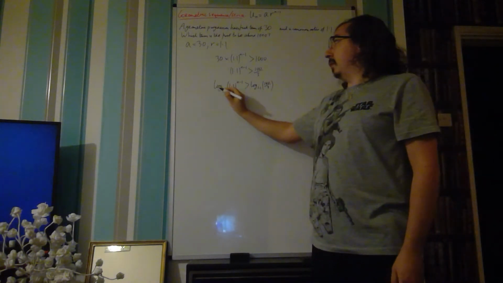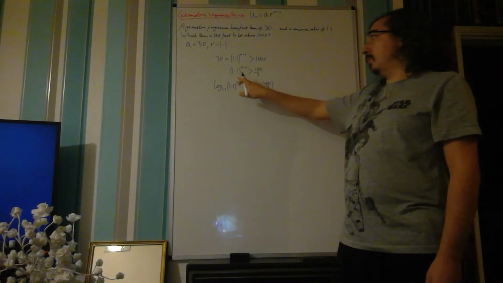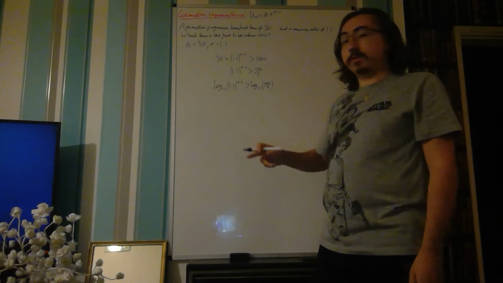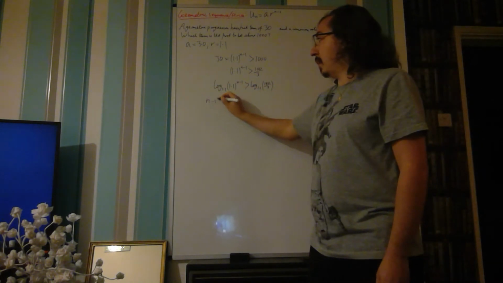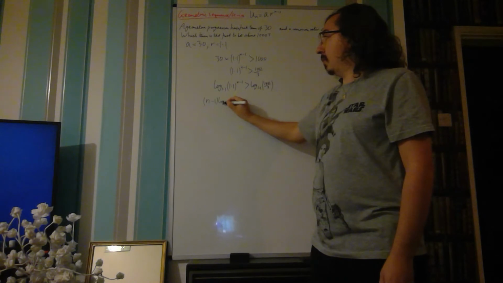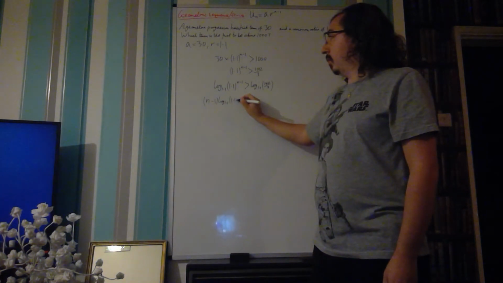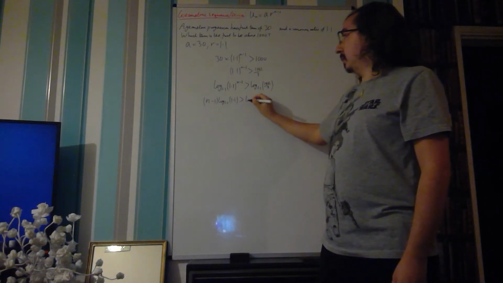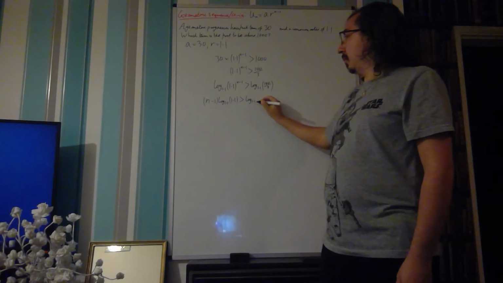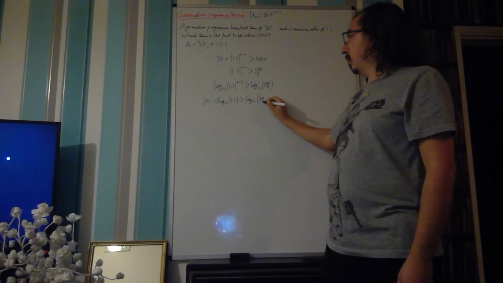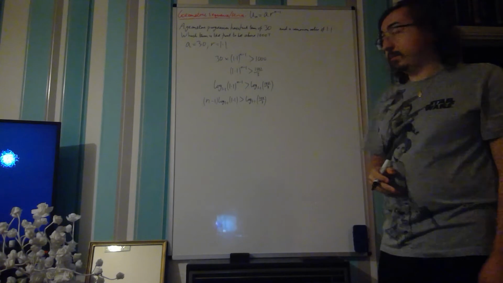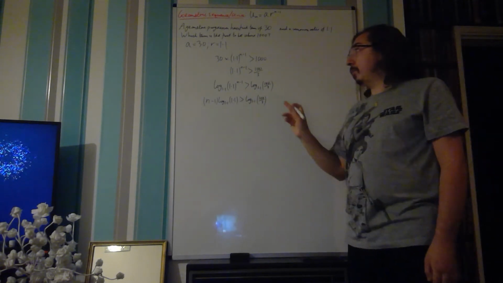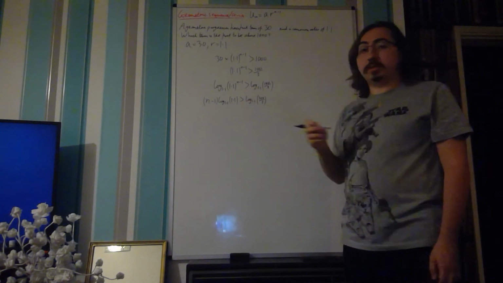Well, it's a similar idea as with the last video, so we can move the power to the front as a multiplier. So n minus 1 times log to base 1.1 of 1.1 is greater than log to base 1.1 of 100 over 3. And you might be wondering as well, do we need to be careful of the sign?